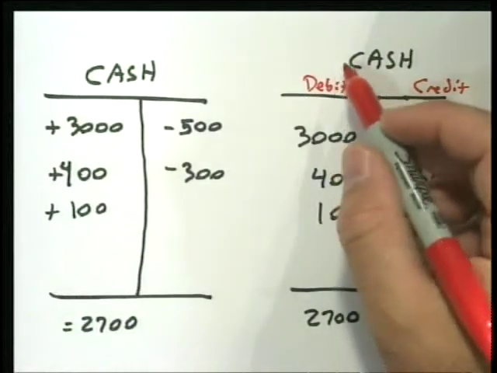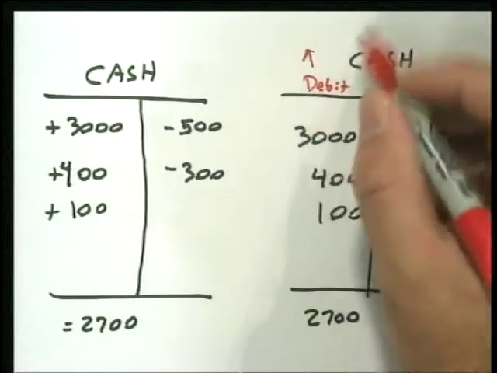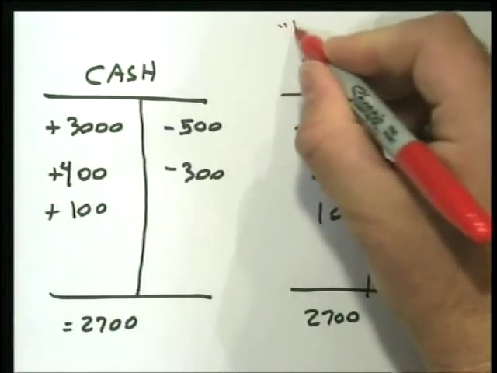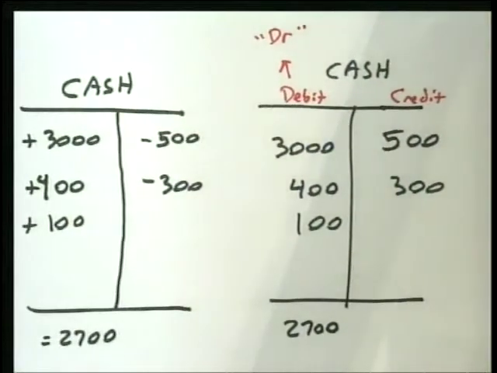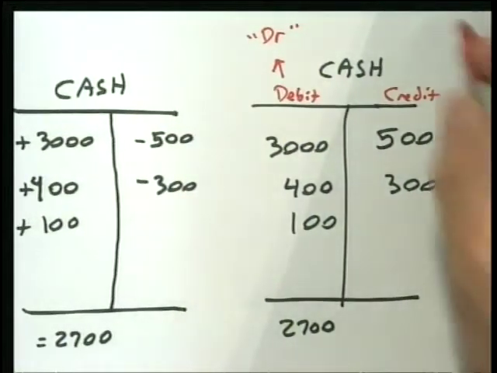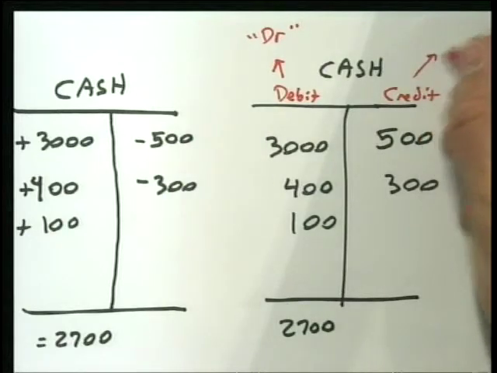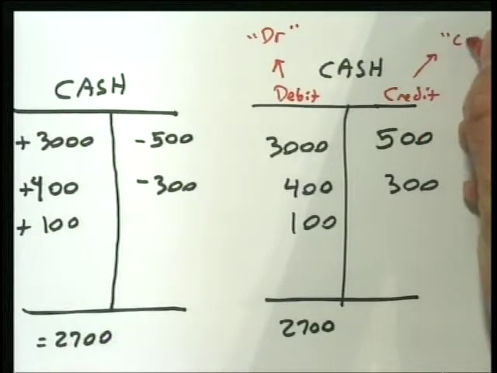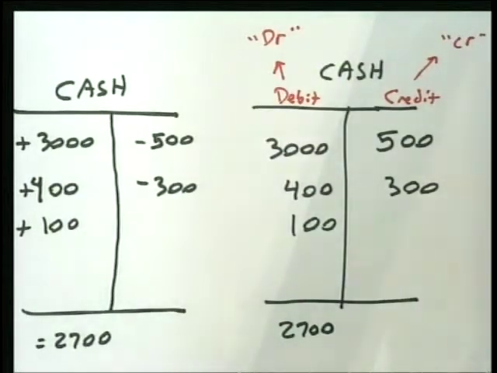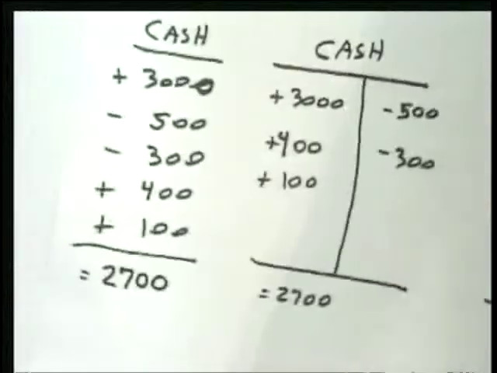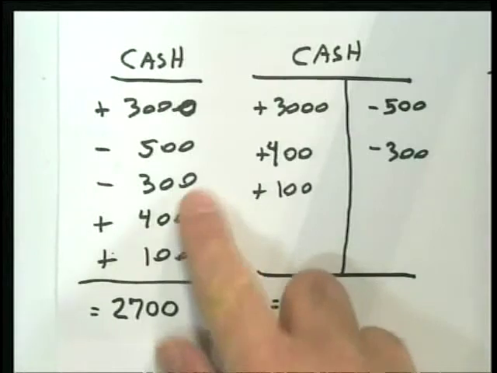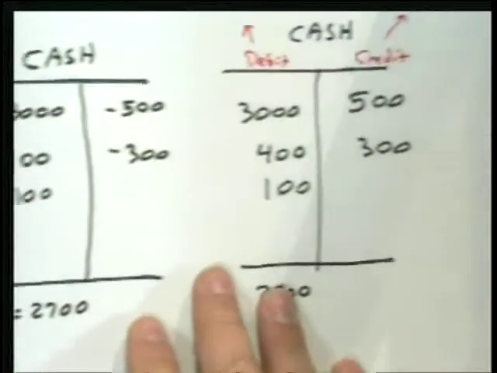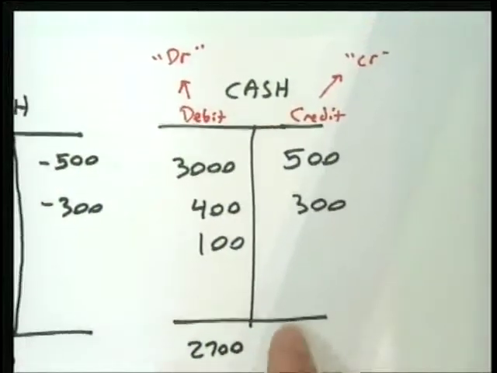The way we abbreviate debit is DR. And don't ask me why it's abbreviated DR, because I know there's no R in there. And the way we abbreviate credit is CR. Okay? So once again, we went from the chapter one way, then we changed that to this, and then we changed that to this. Okay?